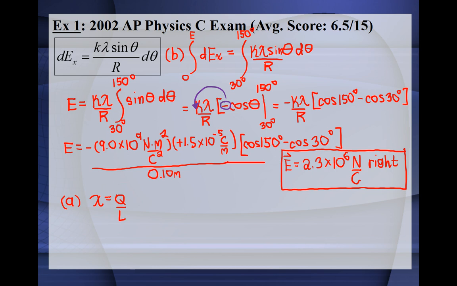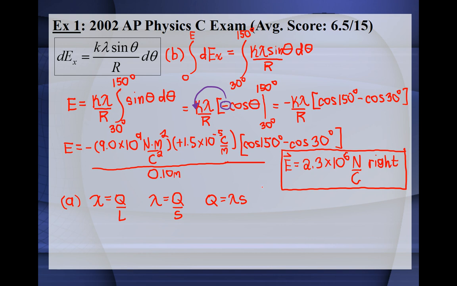Now, for an arc of charge, instead of length, we're going to write it down as arc length. So we just have lambda equal to Q divided by S. So if I want to figure out what Q is for the entire rod, Q would be equal to lambda times S. Okay, here's a bit of logic in how you can do this.